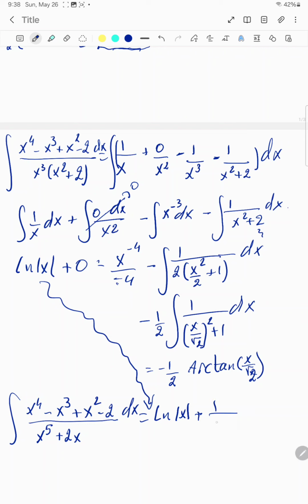So 1 over 4x to the power of 4, because I brought down the x to the power of minus 4, so it becomes x to the power of 4, and then minus 1/2 arctan of x divided by square root of 2 plus c.